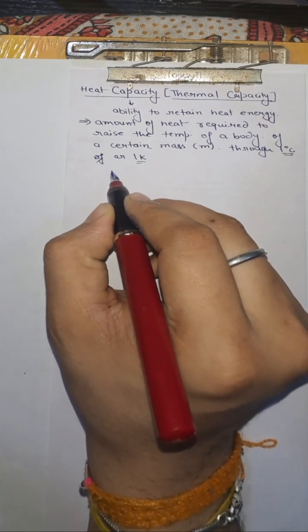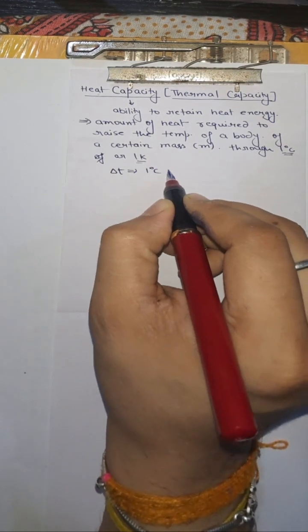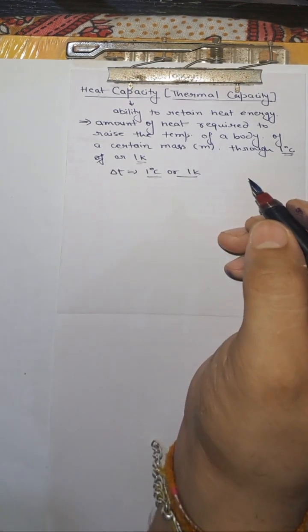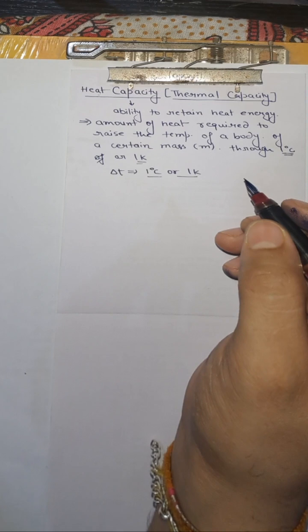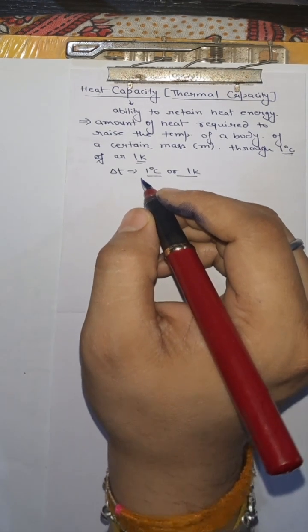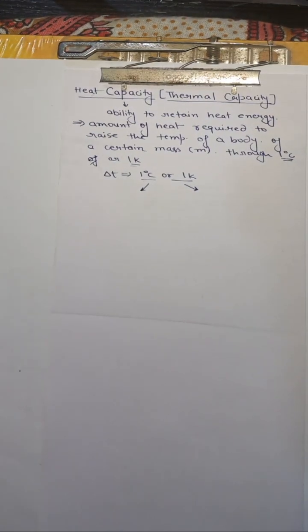Why are we saying that the change in temperature is 1 degree Celsius or 1 Kelvin? Because in both the scales the division is equal. The number of divisions in Celsius scale as well as in Kelvin scale can be seen to be equal.